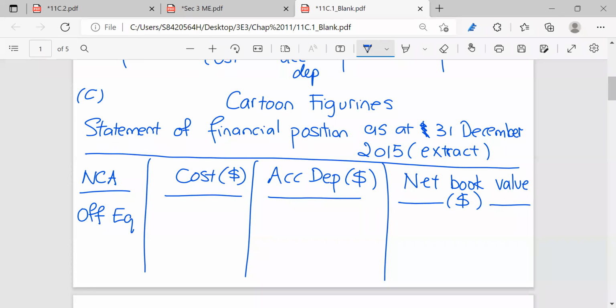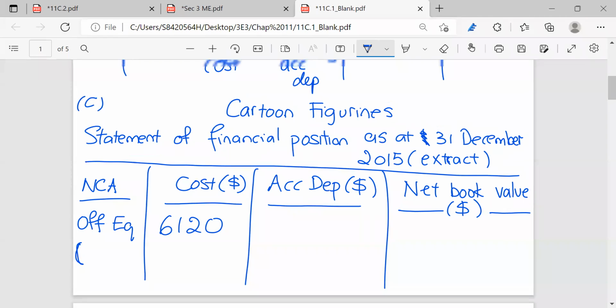The next three columns are cost, minus your accumulated, equals to your net book value. So the cost right now is 5,000 plus another 1120, so it's 6120. It's for all three equipments.